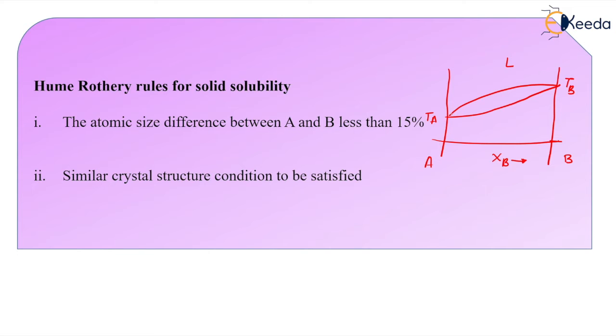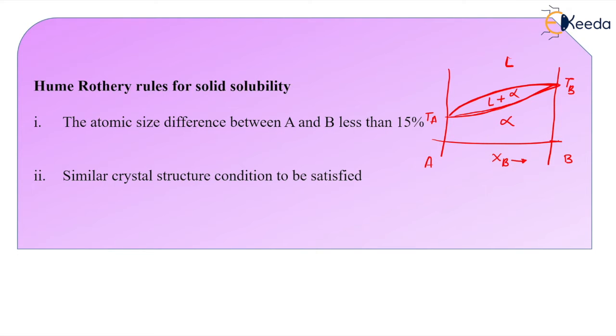Above this line, the liquidus, and this is the solidus. Everything is in the liquid state, and in this region we have liquid plus alpha, and below the solidus we have the solid phase alpha.